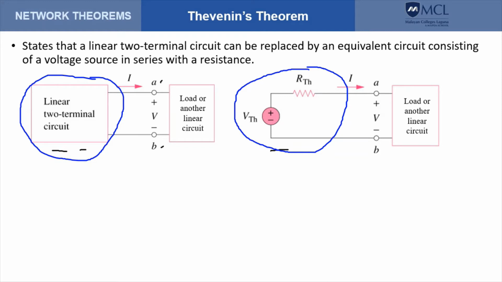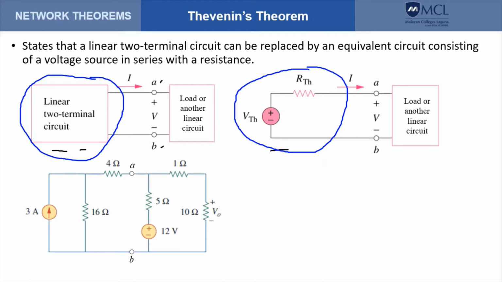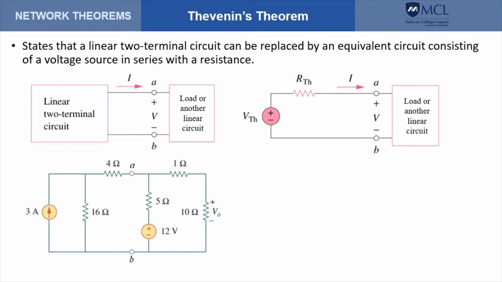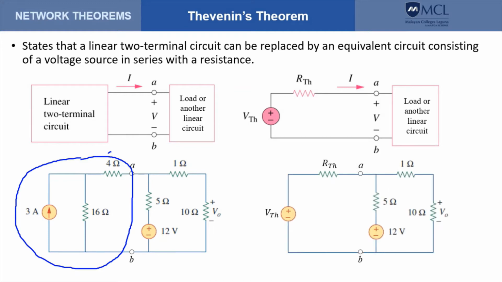So let's have another real circuit. So let's say we have this circuit, and if we consider this part here to be the linear two-terminal circuit, that part can be replaced by a simple circuit consisting of a voltage in series with a resistance that looks like this.